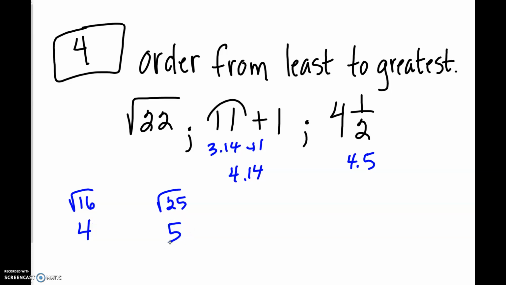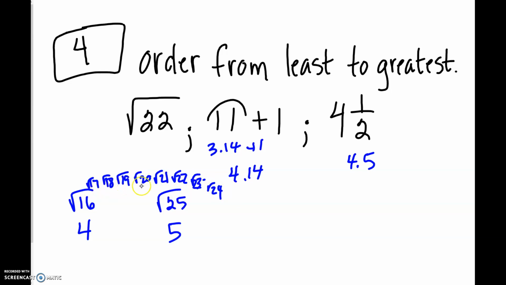So the square root of 22 is going to be roughly, let's see, we have square root of 17, square root of 18, square root of 19, square root of 20, square root of 21, square root of 22, square root of 23. I did not leave myself enough room. Square root of 24. So what do we have? 1, 2, 3, 4, 5, 6, 7, 8 numbers.